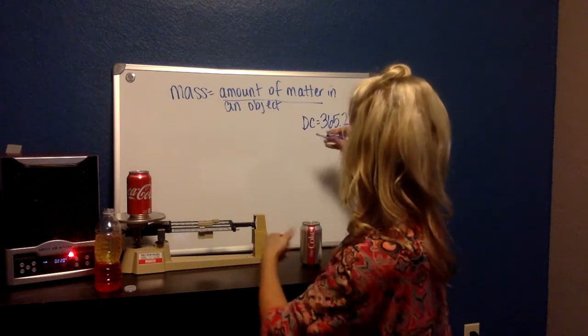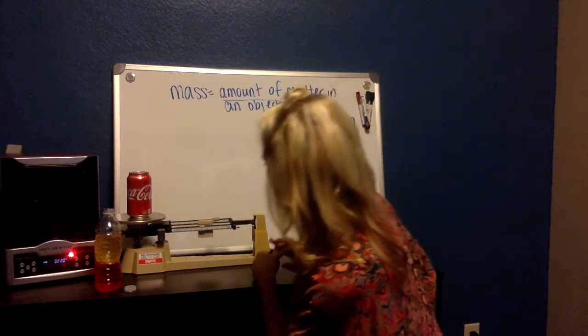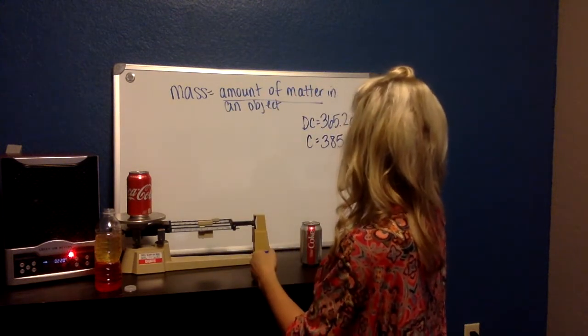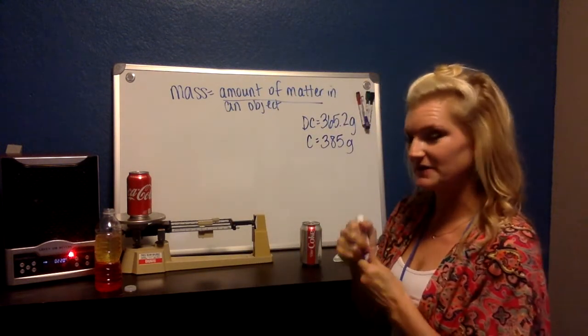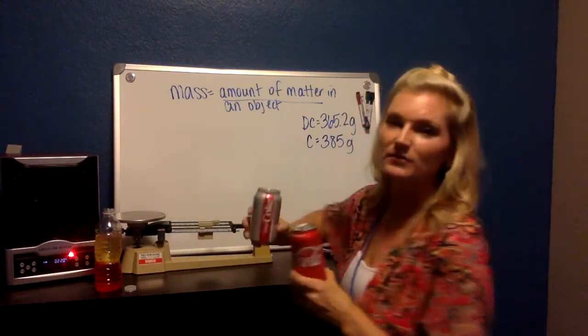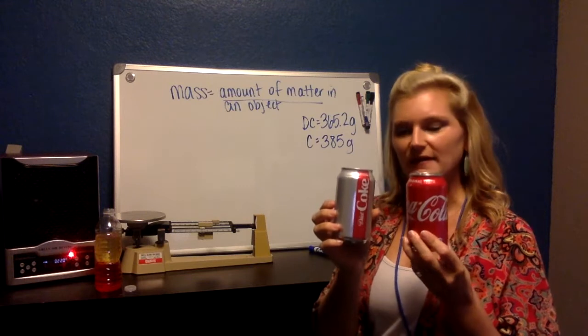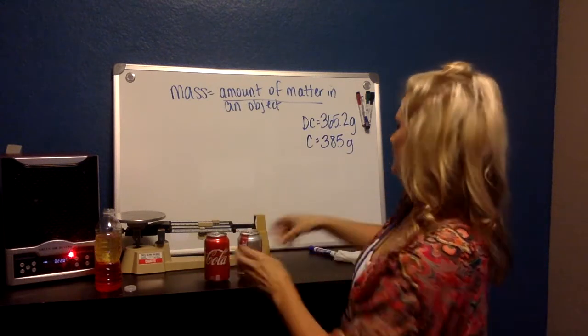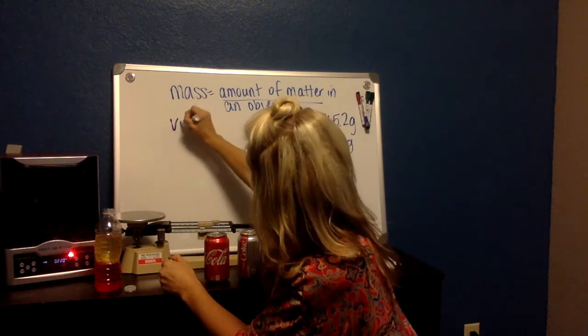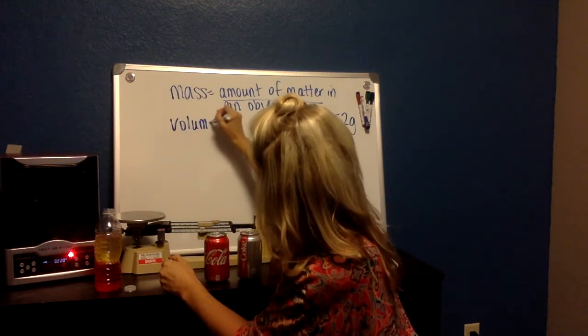All right, so my Coke can is 385 grams. So as you can see, we do have a difference in the mass. Now, the next thing that density depends on is what's called volume. So if you look at these two cans, volume is the amount of space that something takes up. All right, so do these two cans have the same volume?